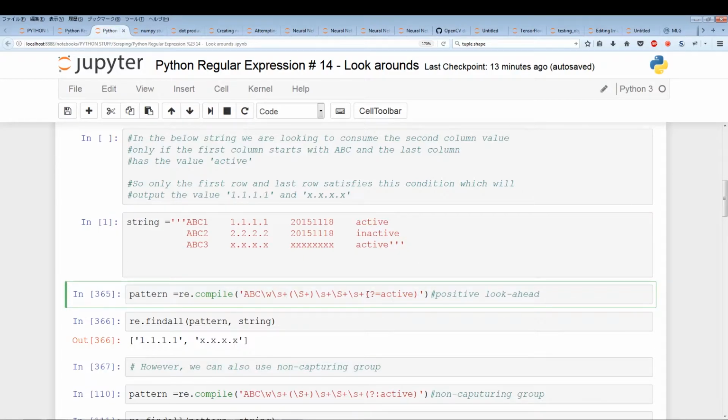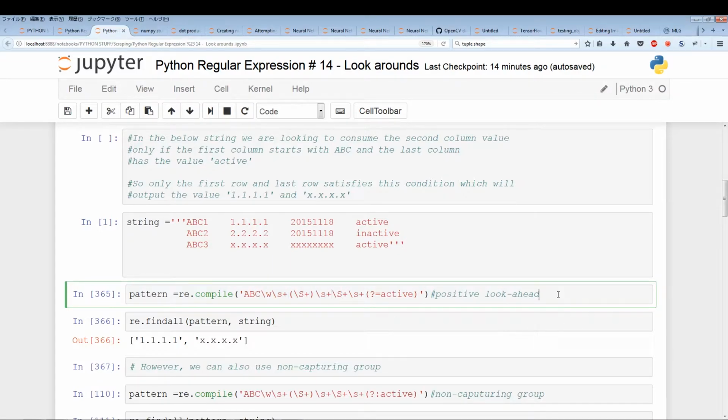Essentially it's looking for the word active, but it's not actually capturing it. It checks to make sure that the word active is there. This is the only group where we're capturing.